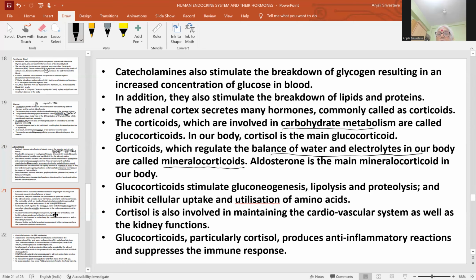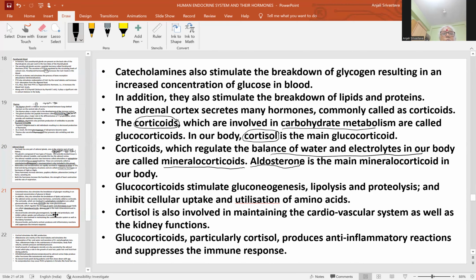These are again groups of hormones, in which aldosterone is the main mineralocorticoid, while cortisol is the main glucocorticoid. The group of hormones secreted by the adrenal cortex is called corticoids.